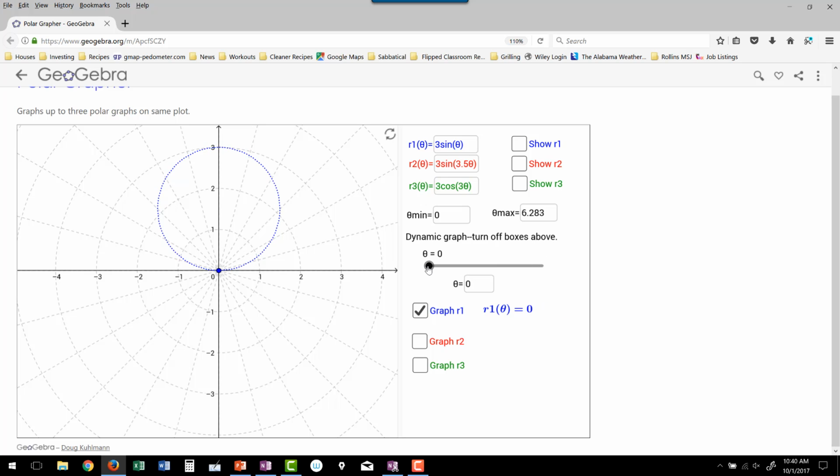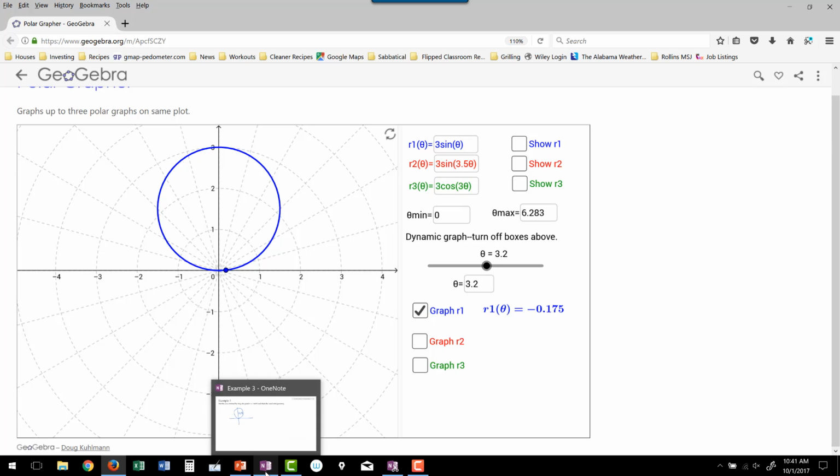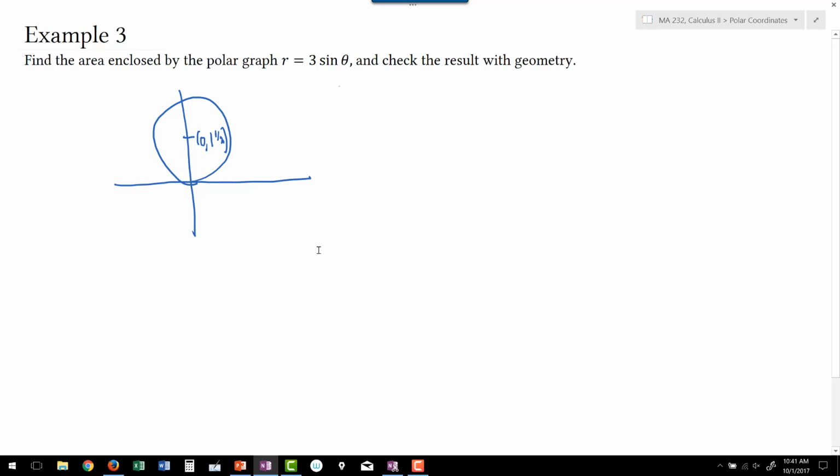So what we have to notice here is that the full graph gets traced out from 0, where 3 sine 0 would be 0, to pi, where 3 sine pi would also be 0. So we start at the origin, end up back at the origin, and that all happens between theta equals 0 and theta equals pi. Now to find the area traced out, I use the formula for the area of a polar graph.